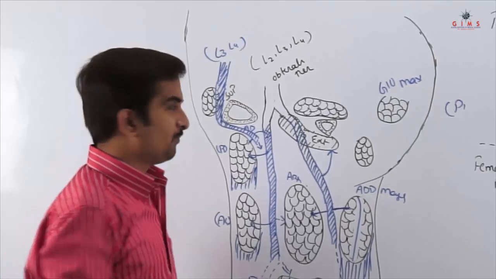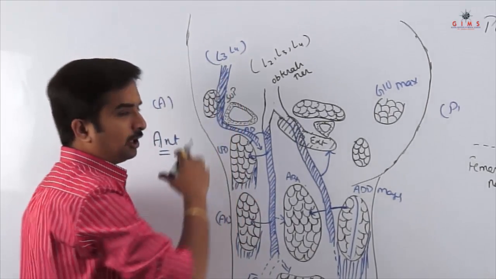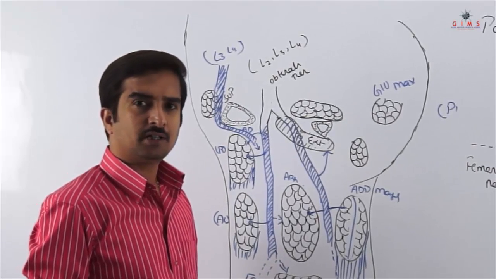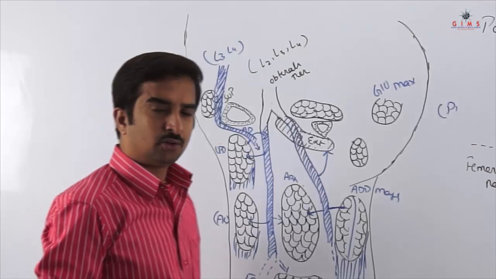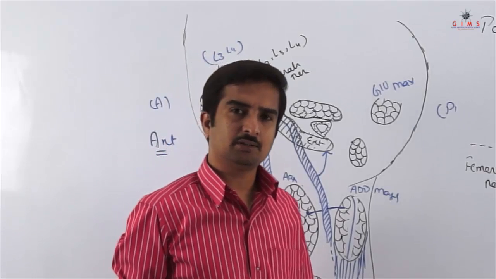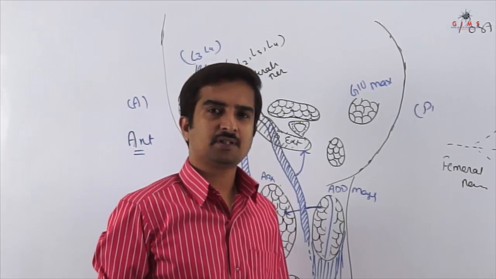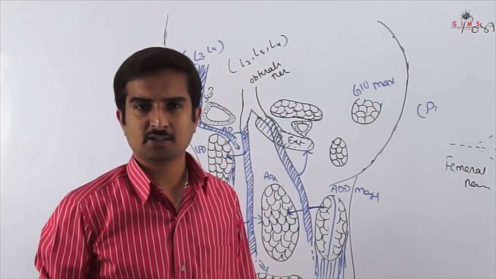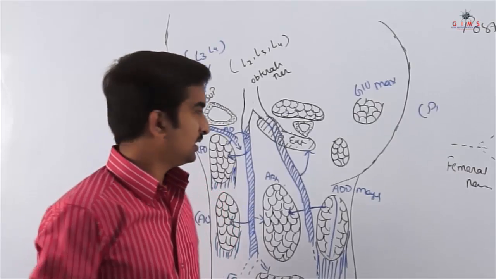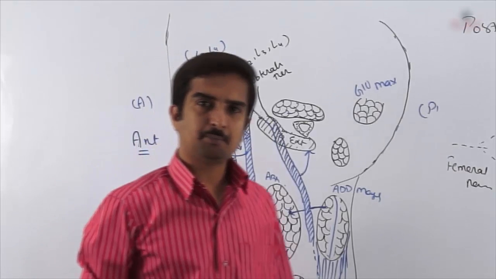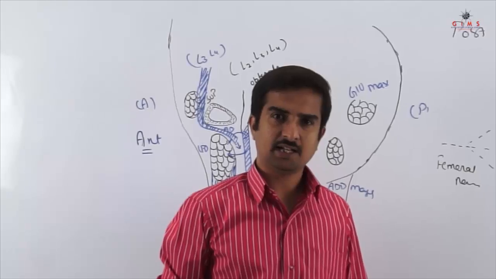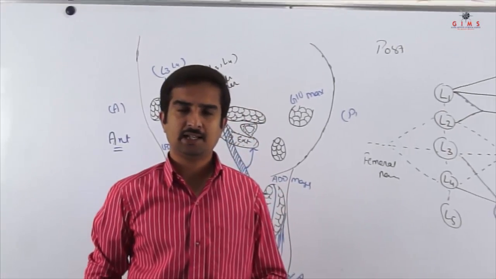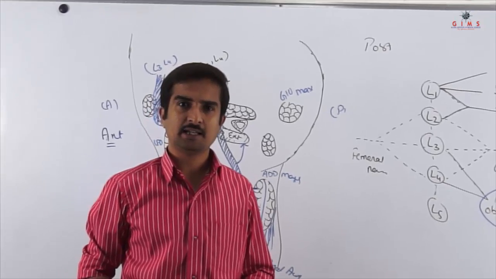Sometimes the accessory obturator nerve may be very small, so instead of dividing into three branches, sometimes it ends by piercing the pectineus only. So this is about the nerve supply of the medial compartment of the thigh, where we studied the obturator nerve as well as the accessory obturator nerve.